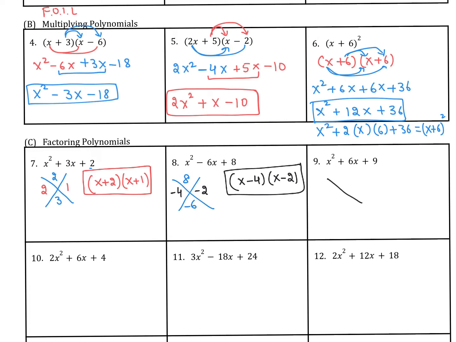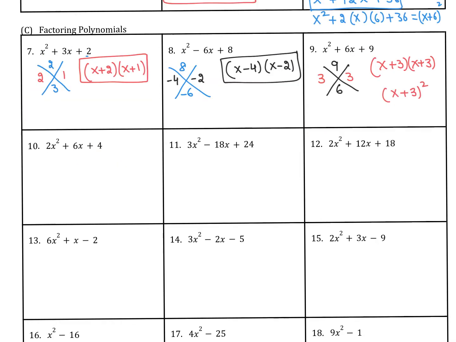Number 9, on the top is 9, bottom number is 6. Two numbers that multiply to be 9 and add to be 6 are 3 and 3. So x plus 3 times x plus 3, or you can also write x plus 3 squared.